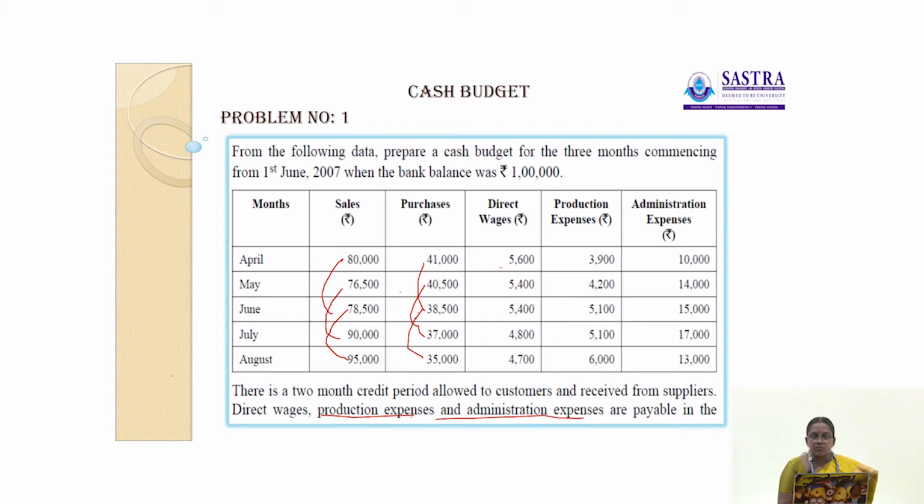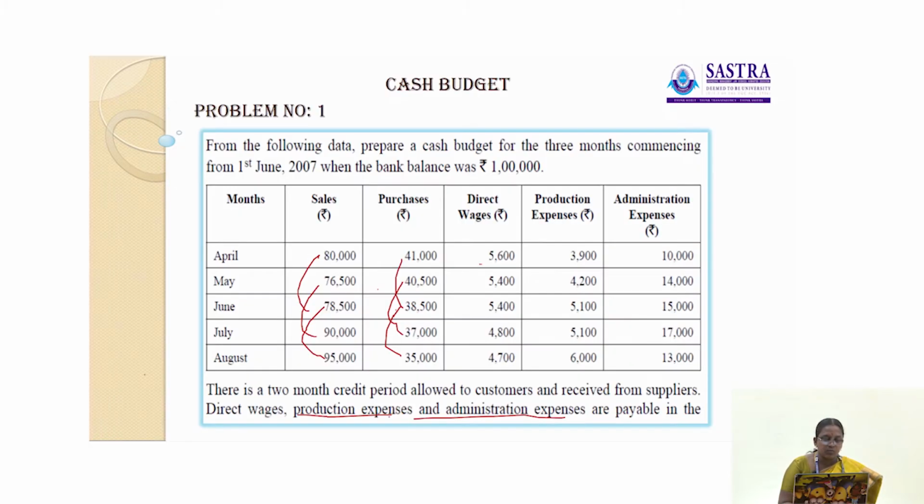Then 5,400 in the month of June, which is payable in the month of July. So all those expenses, direct wages, production expenses and administration expenses, are payable in the following month. So that is the meaning of this problem. Okay.